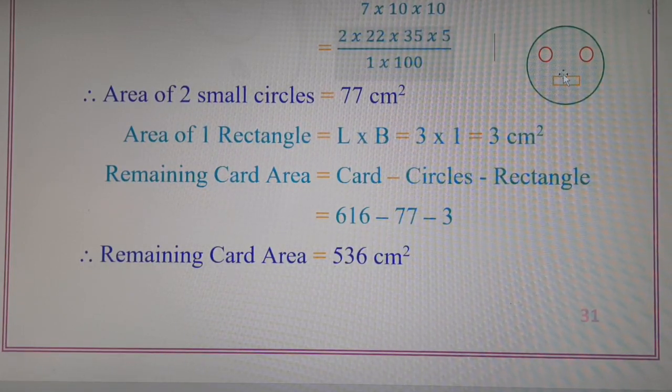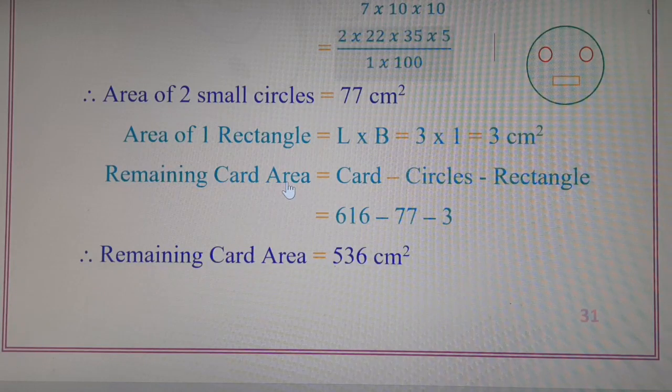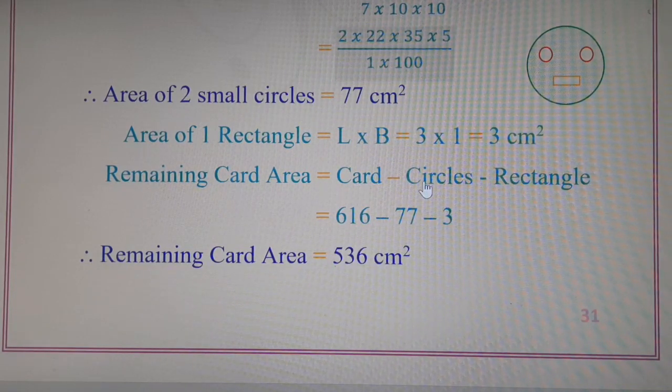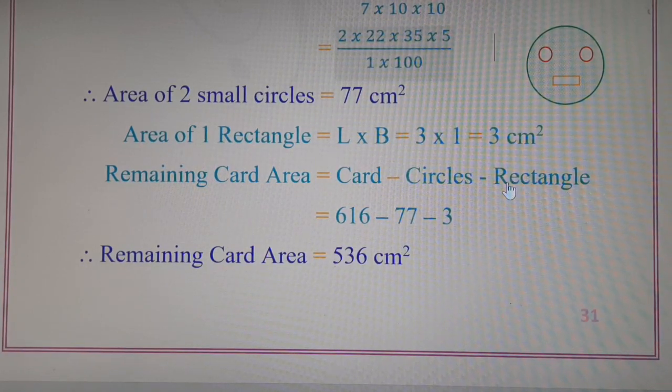Area of rectangle has to be subtracted. And whatever area is left, the blue color region, that remaining area is known as the area of the remaining card sheet. So remaining card area is original card area minus the circles area. That means 2 circles are there which we have to subtract, and 1 rectangle is there which we have to subtract.